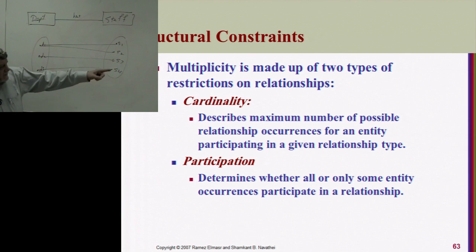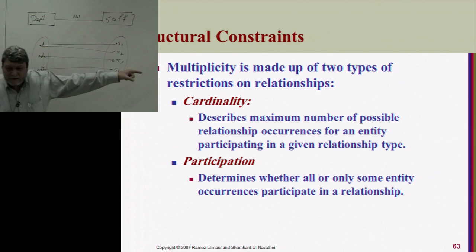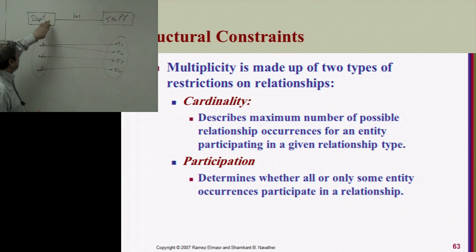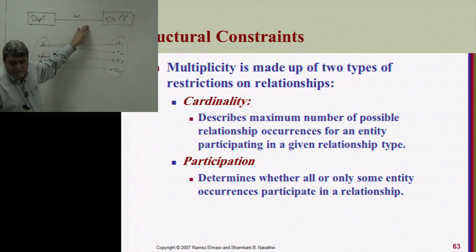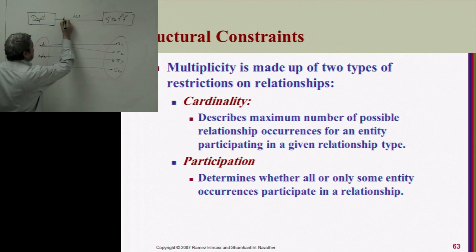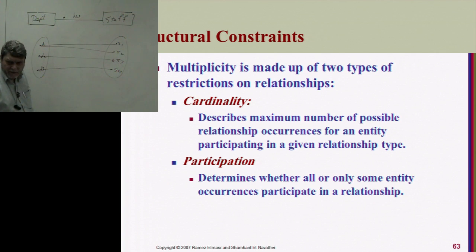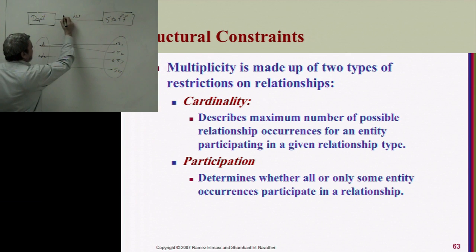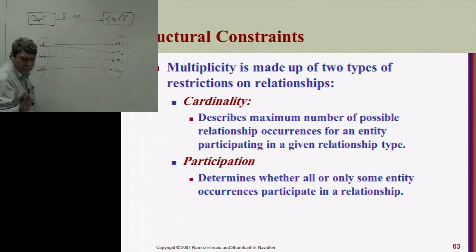Okay, so these are the two terms: cardinality and participation. So let us see. Each department has many staff. Many, we express many as a star. Or as I said before, it could be the letter M. Both are okay, but let us use star.